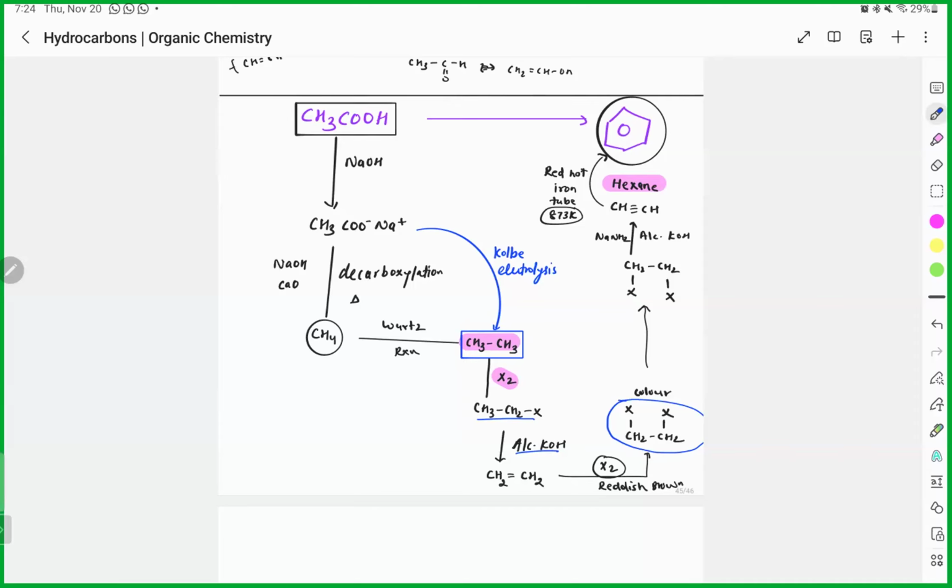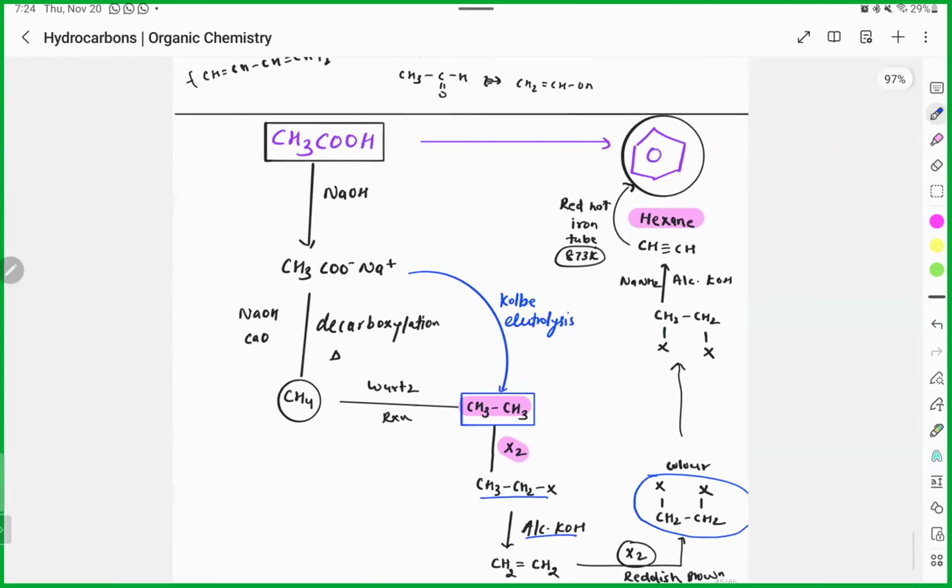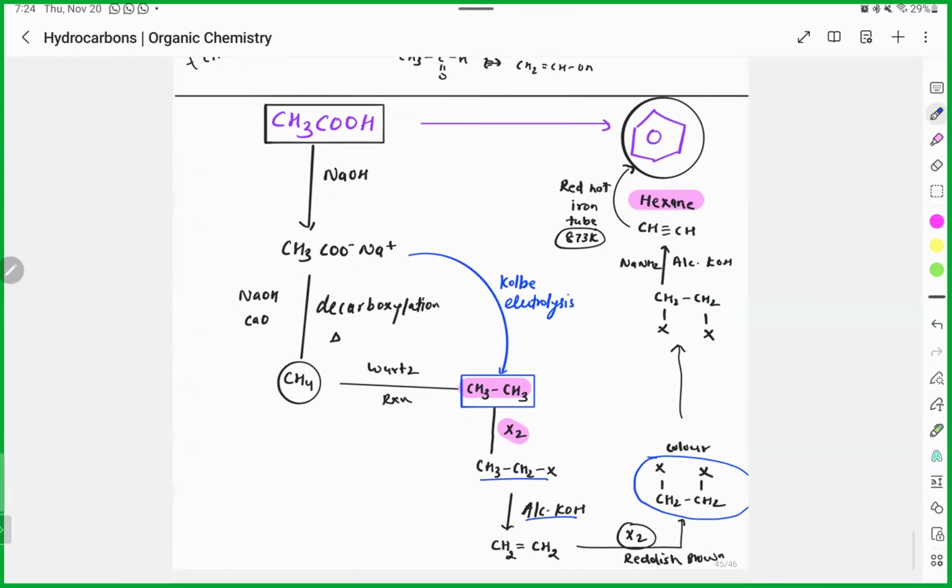All reactions are integrated to each other. They are related to each other. Understood? That is why you will see that even if you are solving hydrocarbon, you will get some of the topic from the 12th class organic chemistry. Got it?